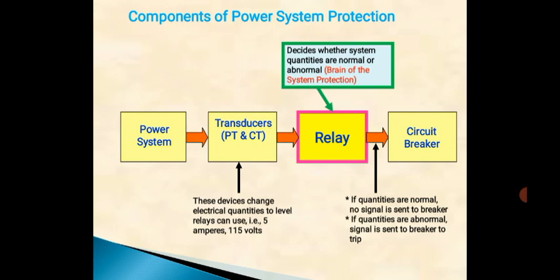If quantities are normal, no signal is sent to the breaker. Under normal operating conditions there is no signal between the relay and the circuit breaker. Suppose any fault occurs, then the quantities become abnormal, and the relay is connected to the trip circuit, so we prevent the equipment from damage.